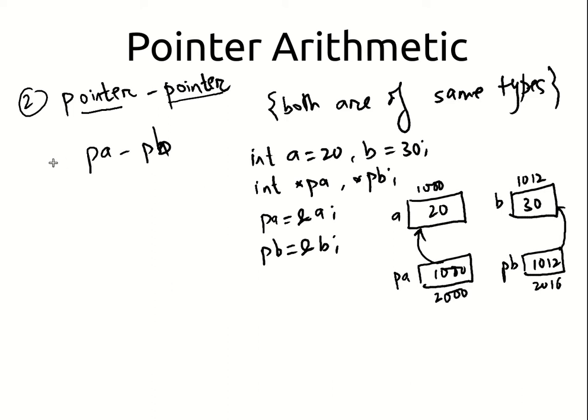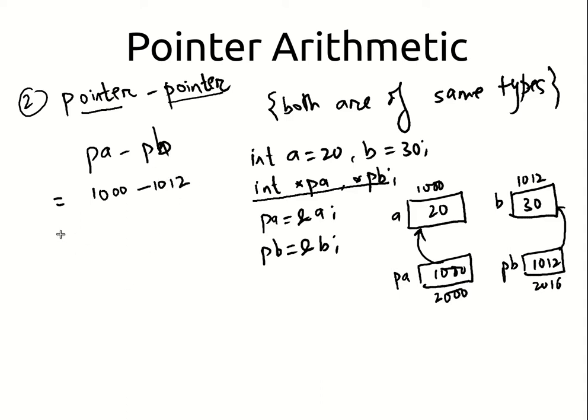Now in this example, if I do pa minus pb, this is a valid operation here, because pa and pb are pointers of the same type, integer. Both of them are integer pointers. So pa minus pb is a valid expression. So if I write pa minus pb, what do I get is 1000 minus 1012.